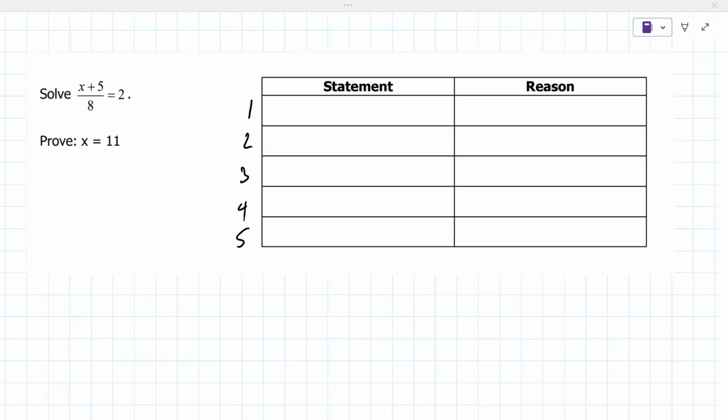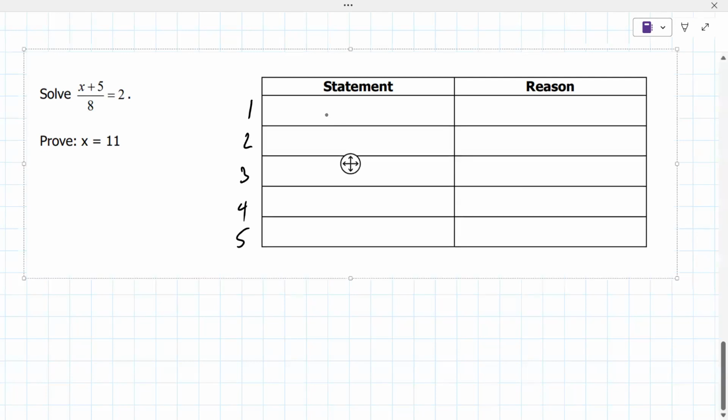All right. So you multiply by 8 on both sides. Yes, go ahead and work out as much as you can. I agree with that first step. I finished. X equals 11. Okay, good. What's your first statement?